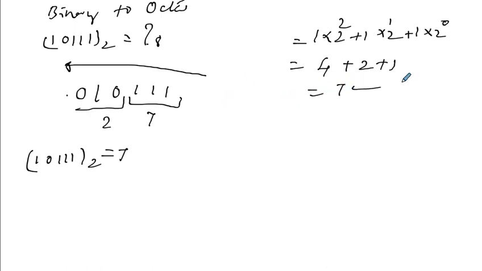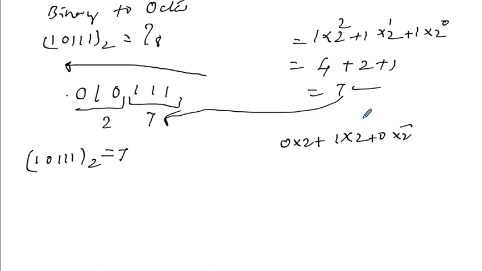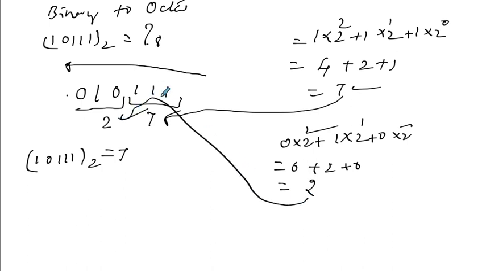Okay, 7, correct. For this, that is 0 into 2 to the power 0 plus 1 into 2 to the power 1 plus 0 into 2 to the power 2, this becomes 0 plus 2 plus 0. What will I get? 2. So this is what I have written here.